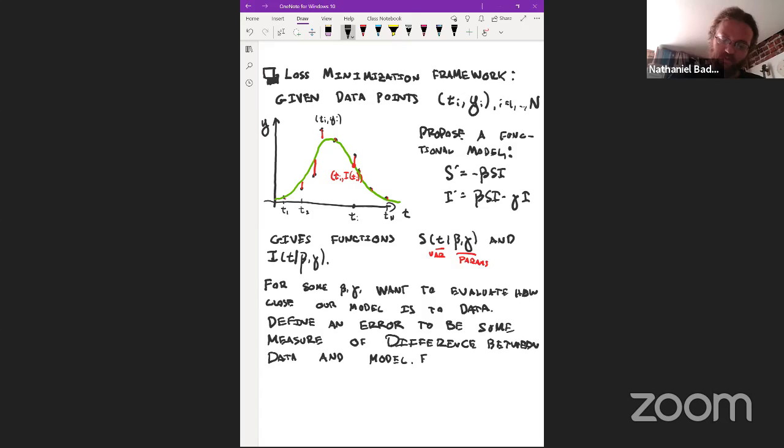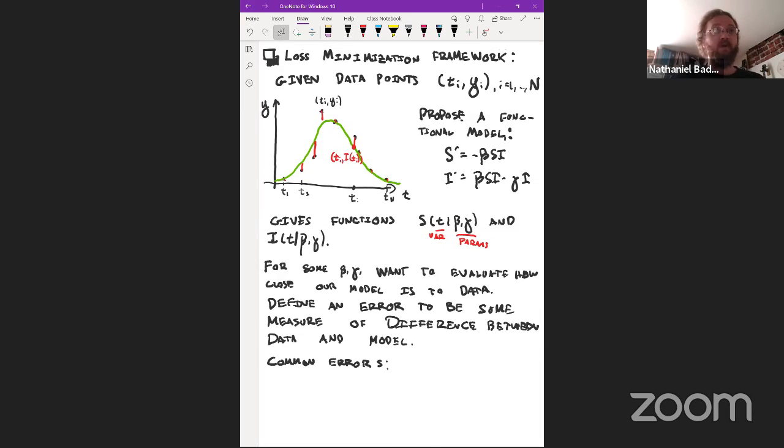So examples of such errors, say, common errors. So the most common error by far is the mean squared error.